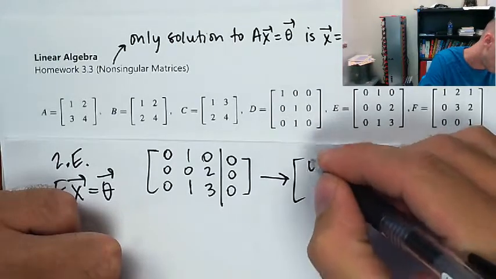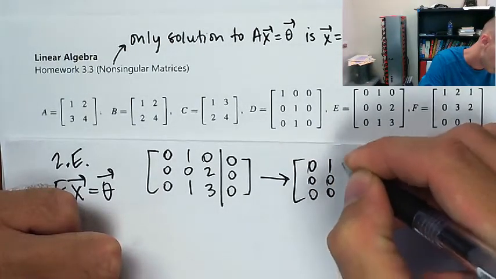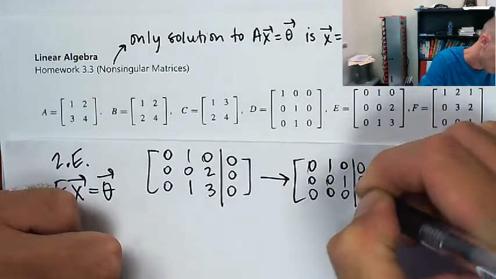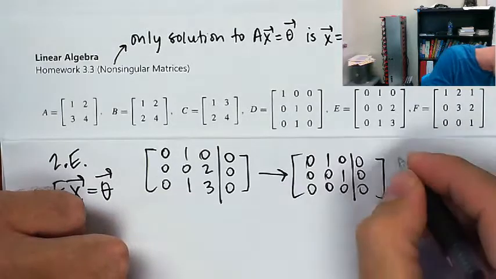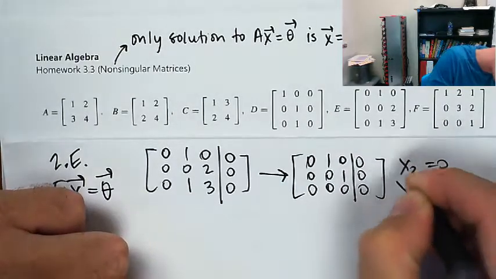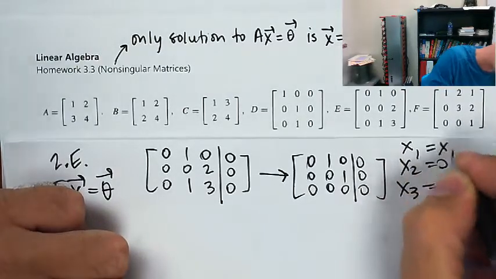So we're really going to just be left with that. And that means, okay, interpret my solution: x2 equals 0, x3 equals 0, x1 can be whatever it wants.